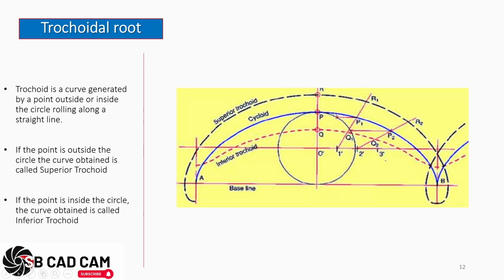This is a superior trochoid, this is an interior trochoid, and when it is exactly on the circle, we call it a cycloid. In the part outside, we call it superior, and in the inside, we call it inferior. Inferior or interior, it is the same.